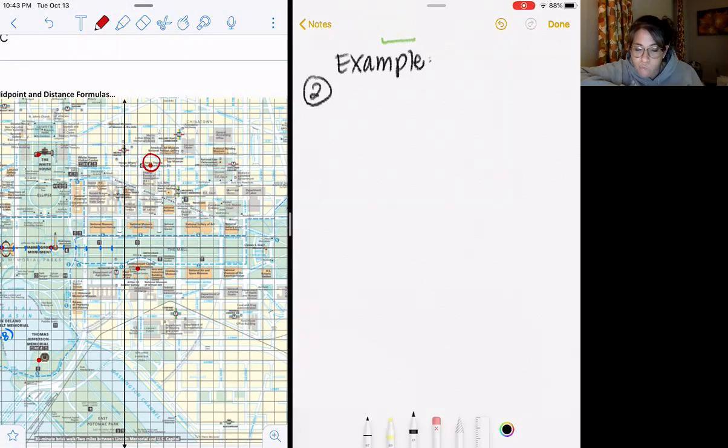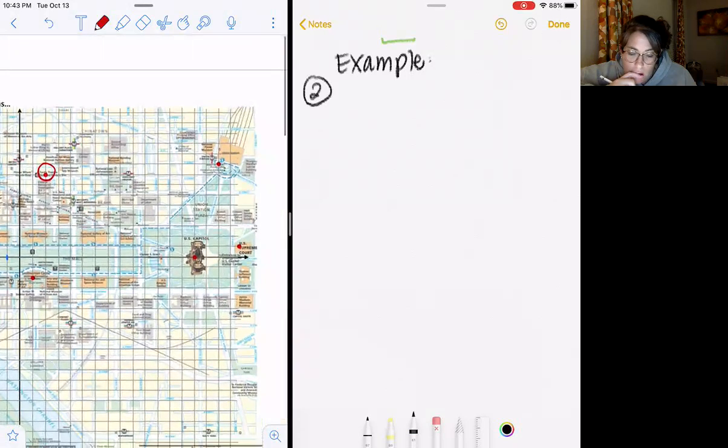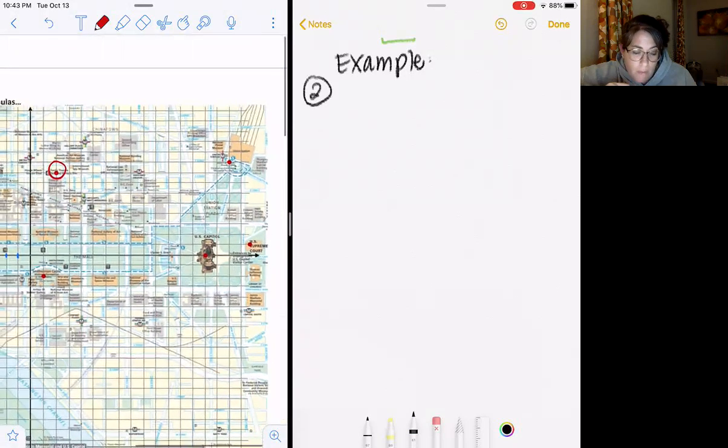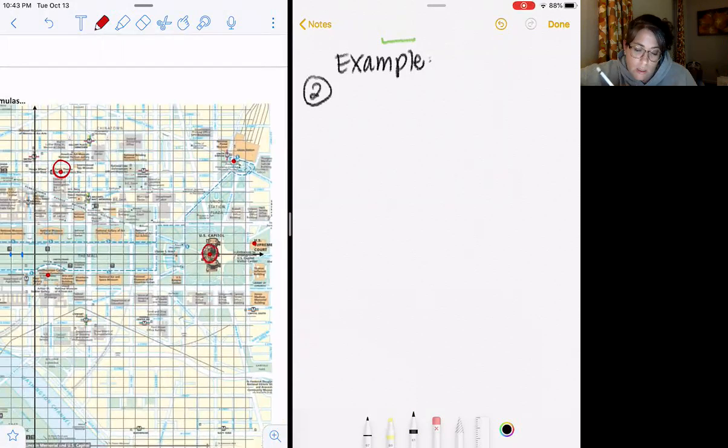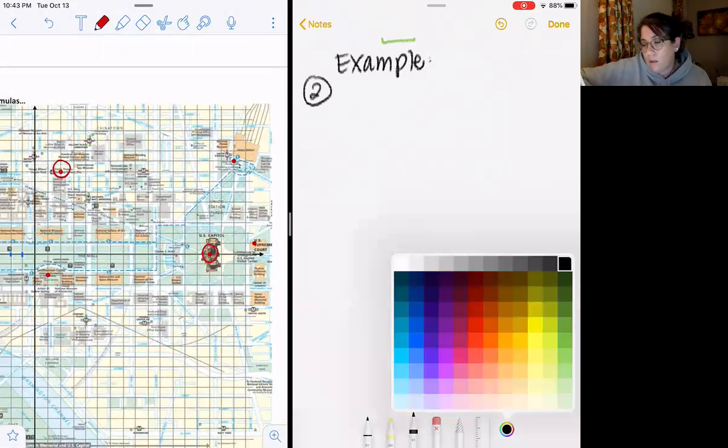And let's see, what else should we pick? Where should we go? We could go to the Ulysses S. Grant Memorial. He's one of our presidents. The Capitol building is pretty cool, so let's go to the Capitol building. We're going to go from the Ford Theater, which is where Lincoln got shot.